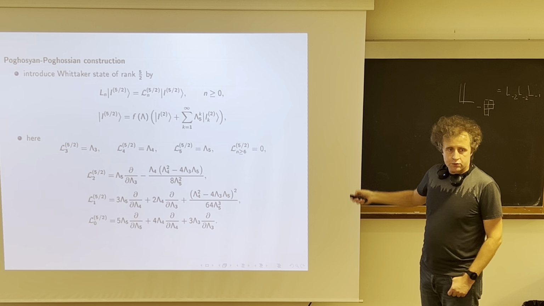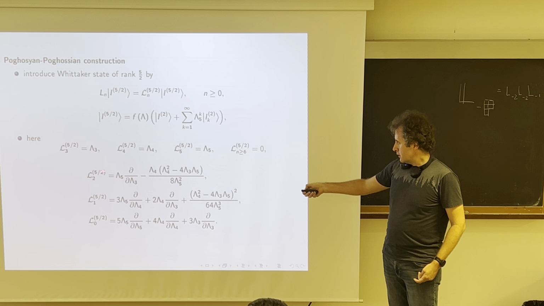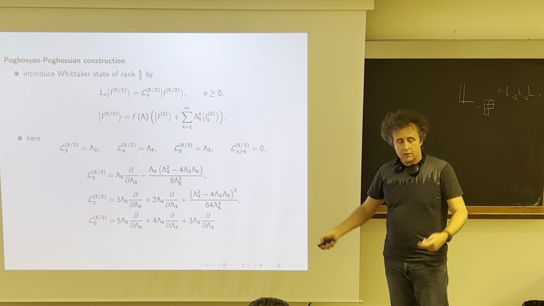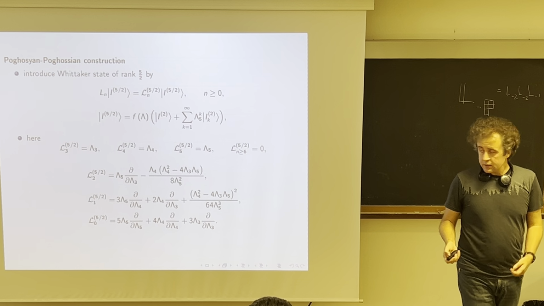So you want the others to act by first order differential operators, which would respect the Virasoro commutation relations. And this is the answer which you can just compute. I think that this lambda is more or less the same as C before? Yes. So C was just a parameterization of this lambda.